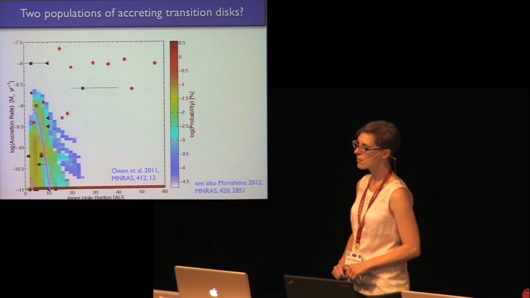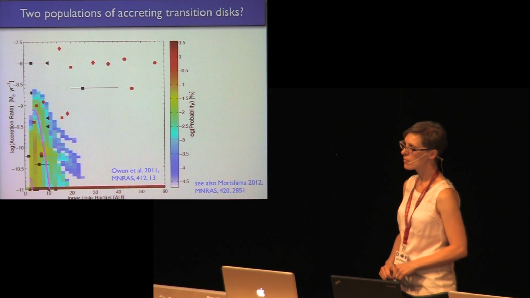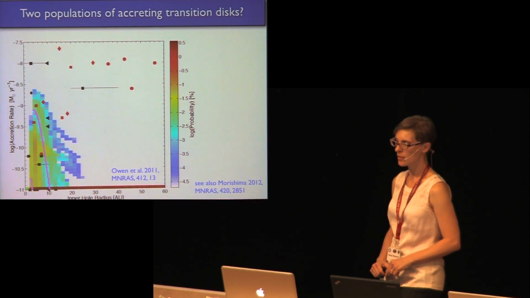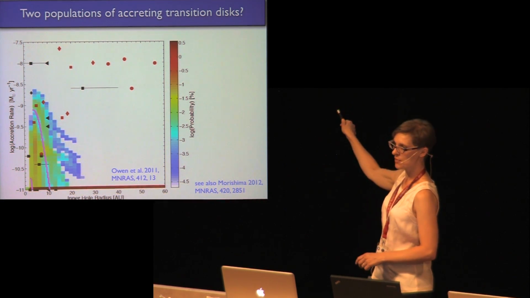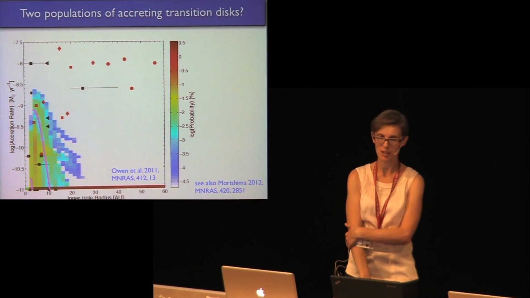I have a paper published this year where these sources are explained by this: the planet opens the gap, but then when it is tidally disrupted, material is accreted from the planet onto the star. So you can have a gap and yet accretion onto the star at the same time. I think that's a possible explanation for this. Okay, well, I will look at the paper.